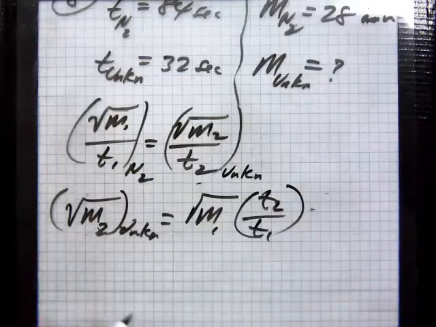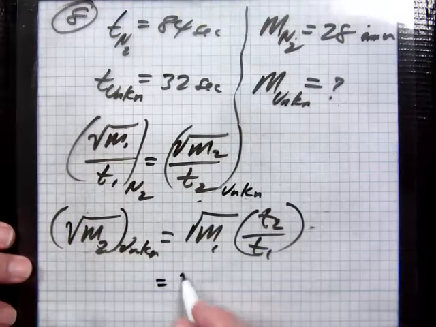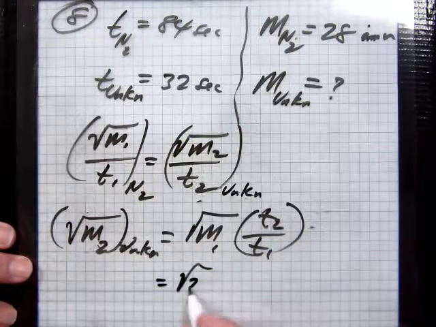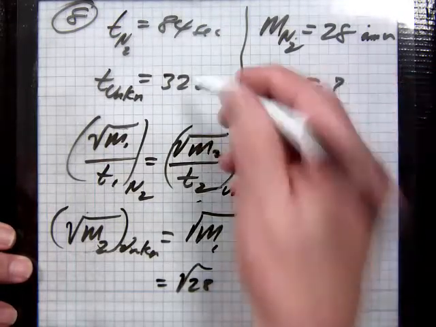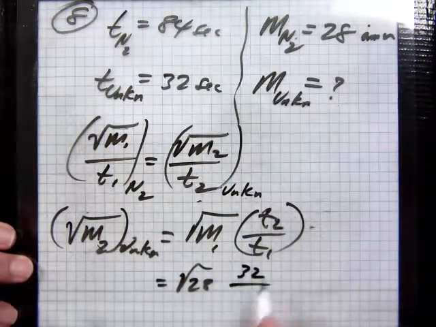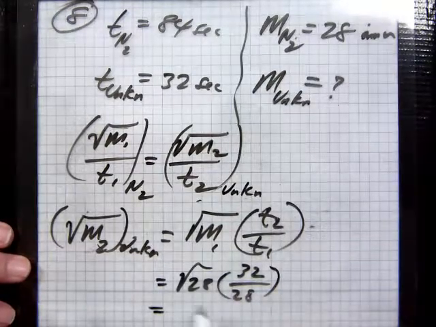And so, based on the data, M1 is 28 and times 2, 32 over 28. And so that's the square root of that.